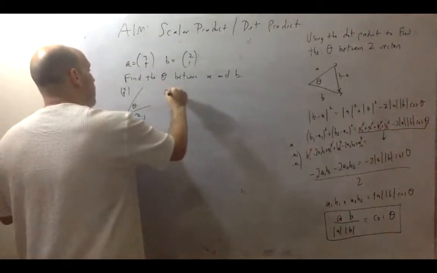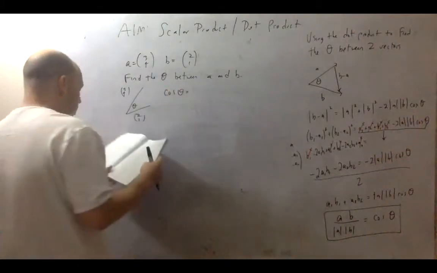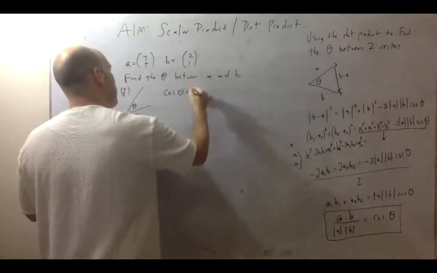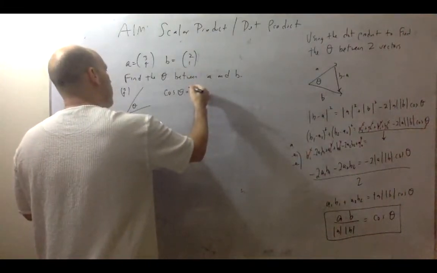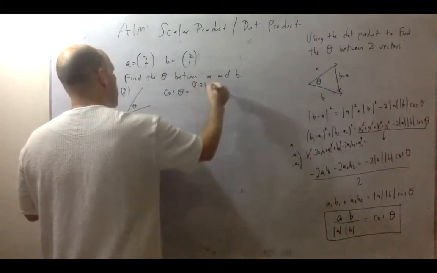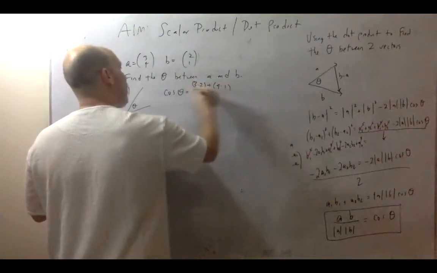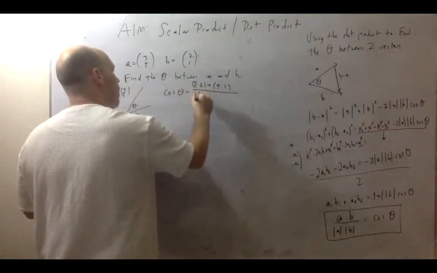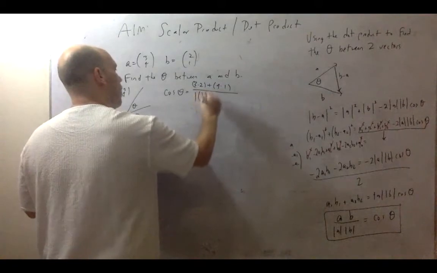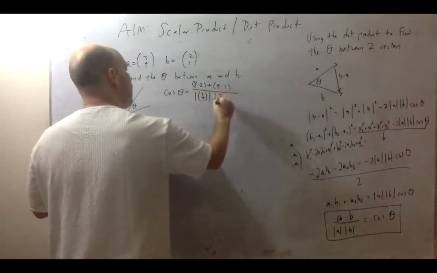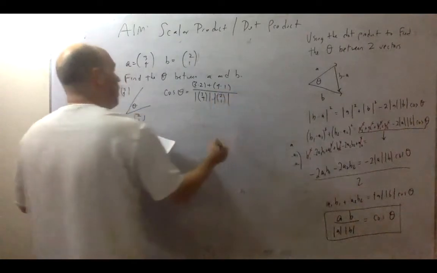And you simply say, okay, cosine of theta is equal to the dot product. So it's 3 times 2 plus 4 times 1 over the magnitude of 3, 4 times the magnitude of 2, 1.